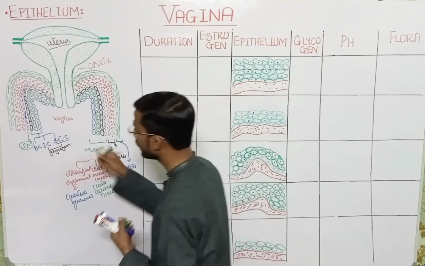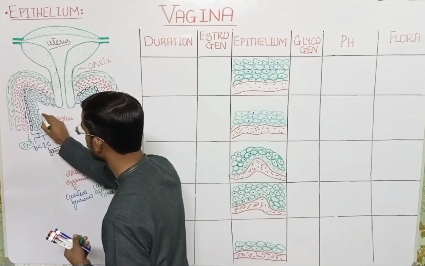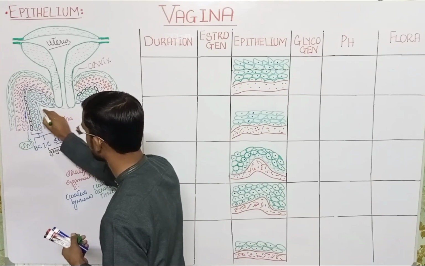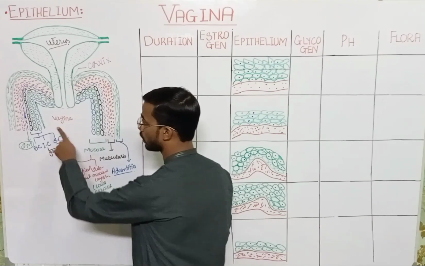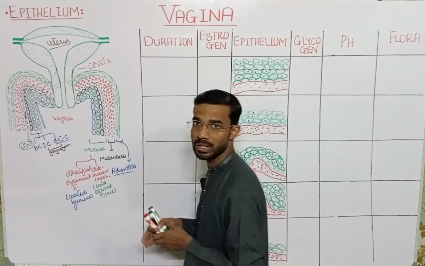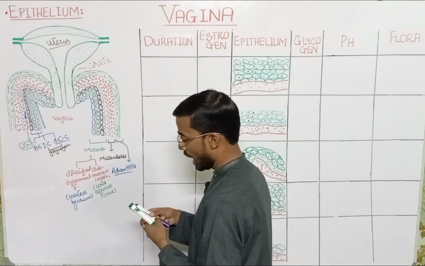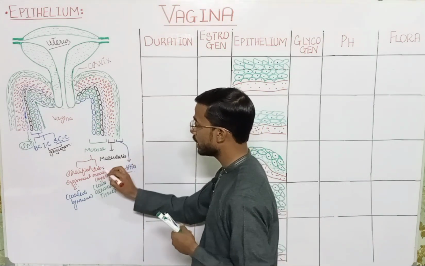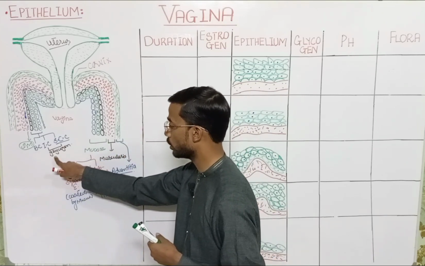Because on the stratified epithelium you will see the mucus present, so we call it the mucus layer. After that you will see the submucous layer, which is below the mucus layer. Both of these components form the mucosa.